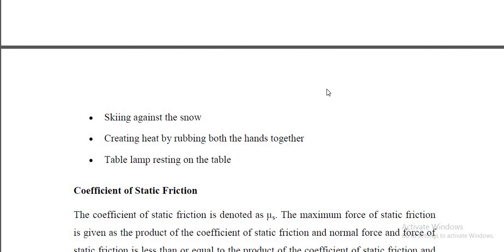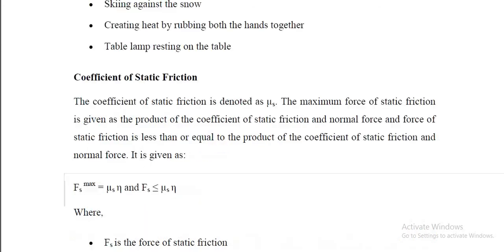Then the coefficient of static friction: how can we define it? The maximum force of static friction is the product of the coefficient of static friction and the normal force, and the force of static friction is less than or equal to this product. So it is given by the formula Fs maximum, the maximum static friction, equal to the product of the coefficient of static friction and the normal force.